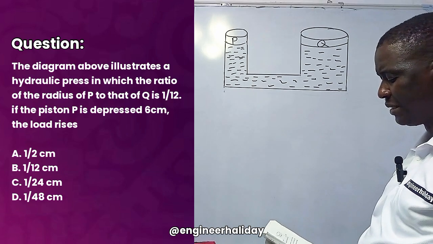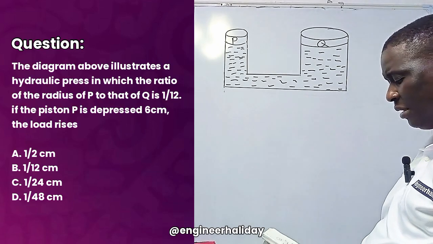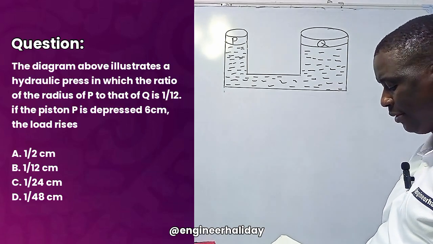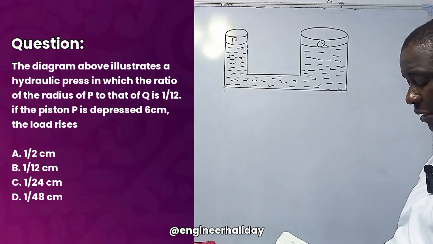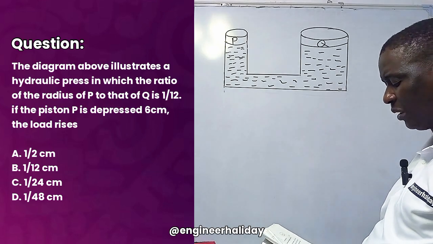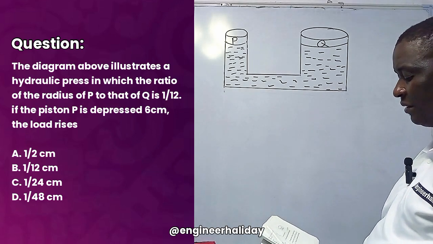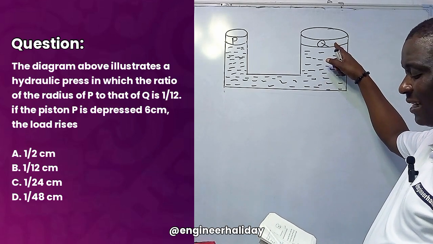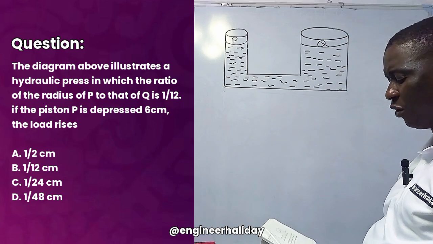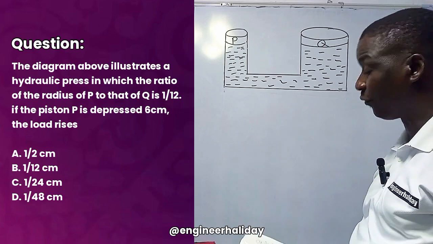If the piston P is depressed by 6 centimeters, the load rises: A, 1/2 centimeter, B, 1/12 centimeter, C, 1/24 centimeter, and D, 1/48 centimeter. That means this part will rise by what? A, 1/2 centimeter again, B, 1/12 centimeter, C, 1/24 centimeter, and D, 1/48.